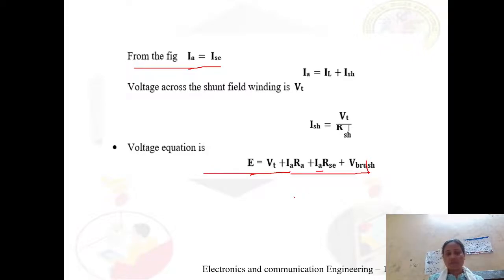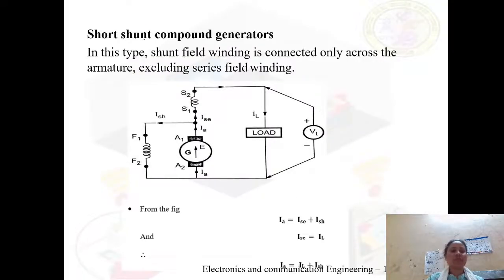Okay, right. Now let us move on to the short shunt compound generator. In the short shunt compound generator, we have the field winding connected in parallel to the armature.